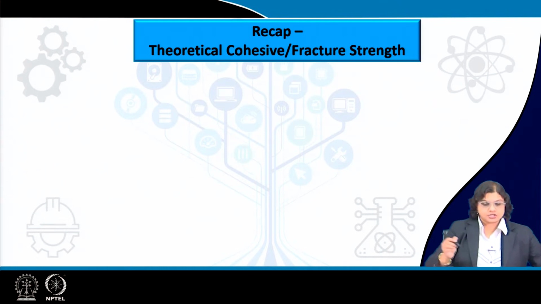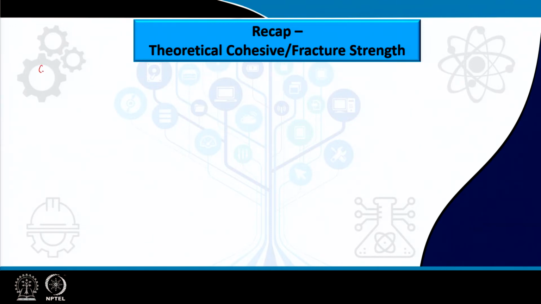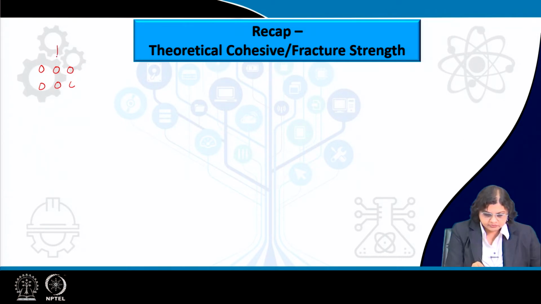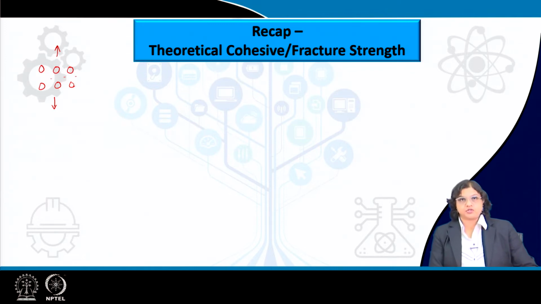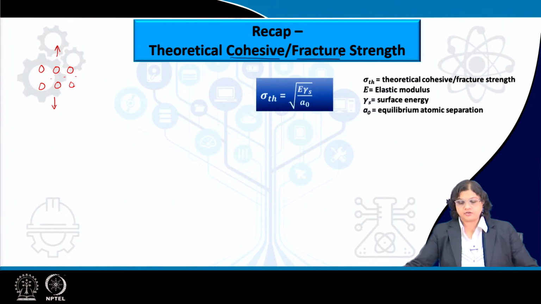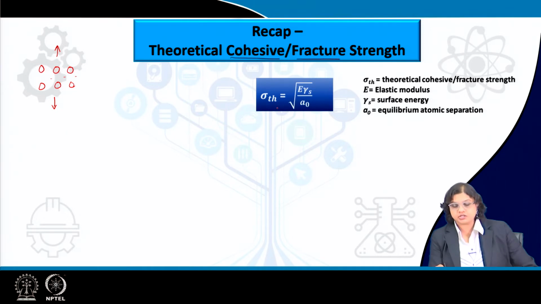So, what it essentially means is that if we have an atomic lattice like this and we are applying stress over it, at one point this is going to break and form new surfaces, and that amount of stress that is required to break a perfect lattice system is known as the theoretical cohesive or theoretical fracture strength, and this is given by a relation like this: sigma Th, the theoretical stress, is equivalent to the square root of E gamma s by A0, where E is the elastic modulus, gamma s is the surface energy and A0 is the interatomic distance.